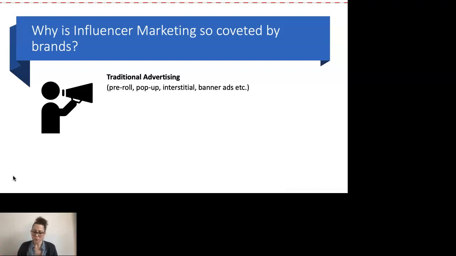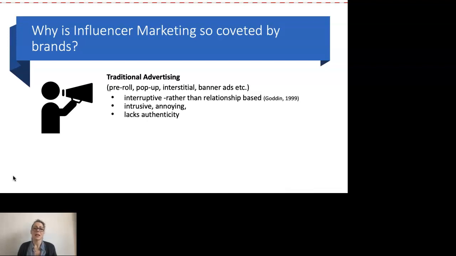So all in all, these traditional adverts are interruptive. Rather than being relationship based, rather than us valuing the message and the person bringing it to us, they're actually disrupting us. They're interrupting whatever job we're getting on with. So they're intrusive and annoying.